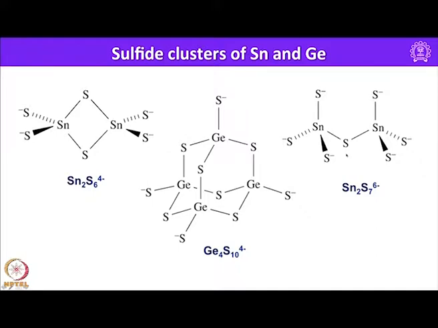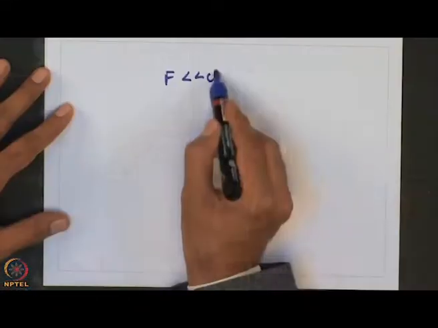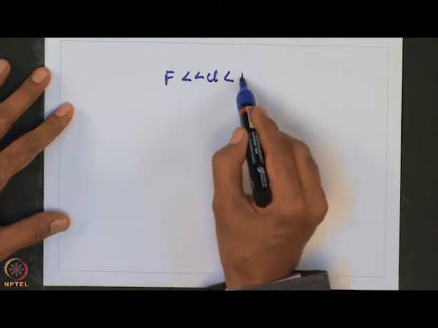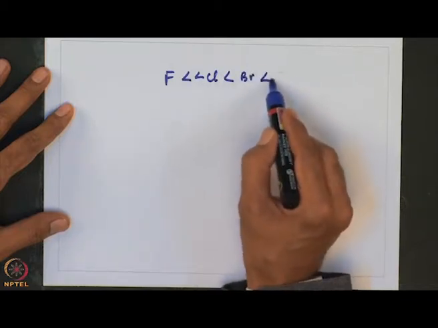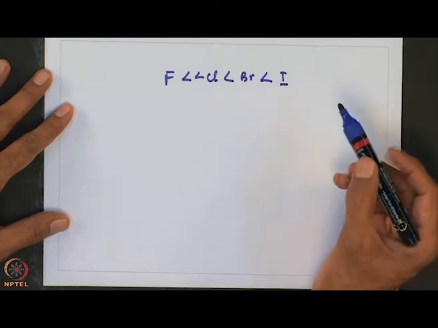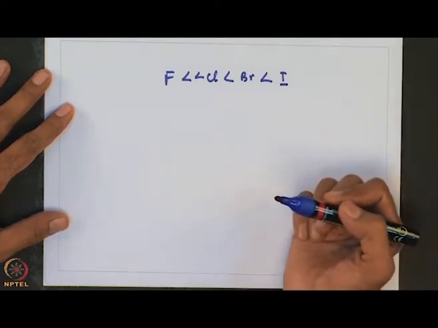And of course, halides of group 14 elements are also quite well known. The stability of tetrahalomethanes decreases from CF4 to CI4. The rates of nucleophilic displacement increase greatly from fluorine to iodine and lie in the order like this. Of course, CF4 and CCl4 are thermodynamically unstable with respect to hydrolysis.